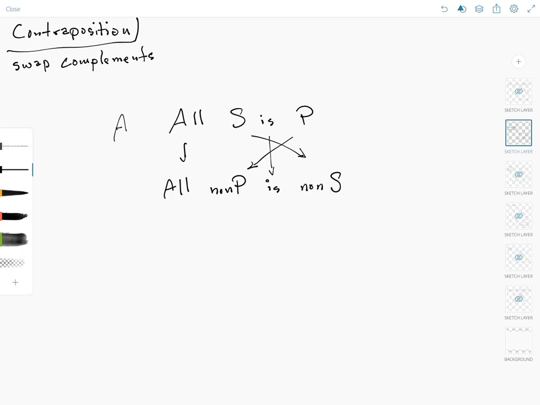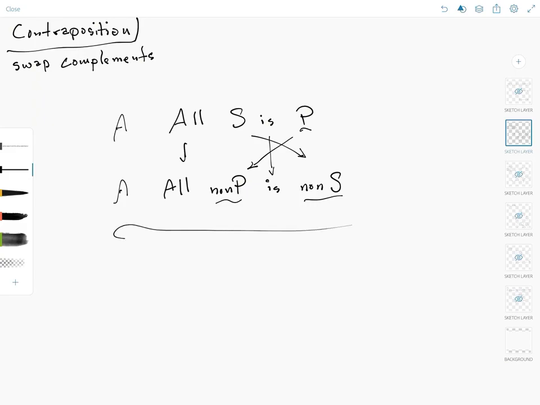So that's an A. And we're going to end with an A because we haven't changed anything about the quality or quantity. What we are going to change, though, is we're going to take the subject term of the premise, put it as the predicate, and take the complement. We're going to take the predicate term of the premise, move it to the subject, and take the complement. So we start with all S is P, and we end with all non-P is non-S.